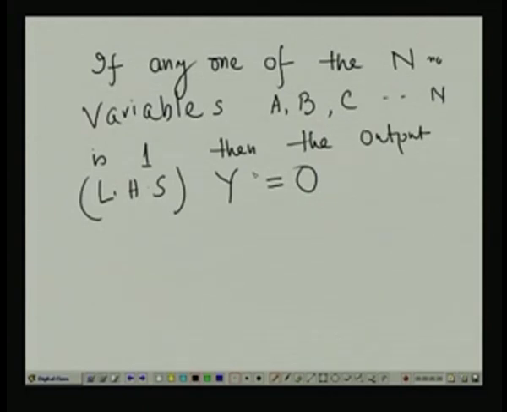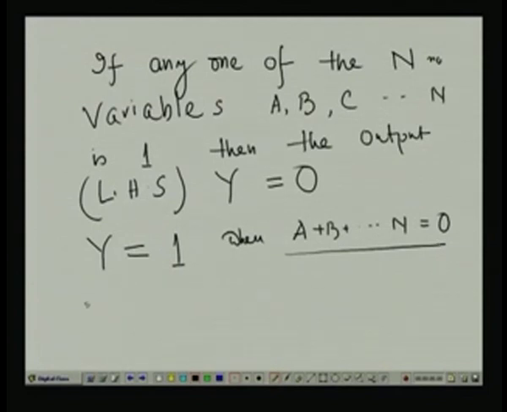So, when y will be 1? So, y will be 1, y equal to 1 when this A plus B plus n, this value equal to 0. When this value will be 0?